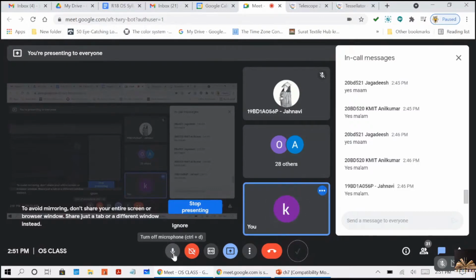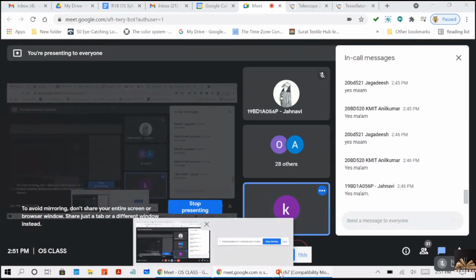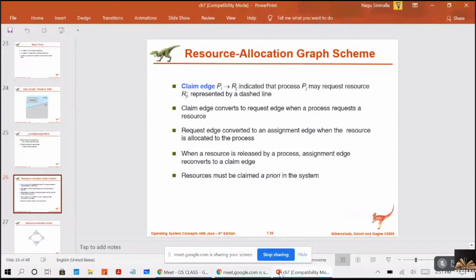So the claim edge here resembles a request edge in direction, but is represented by a dashed line. Let me go to this PPT. Right, here the claim edge is nothing but Pi to Rj, but it will be a dashed or dotted line, right?